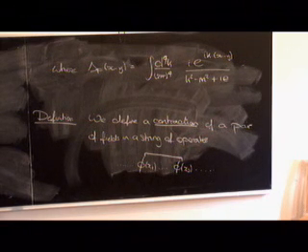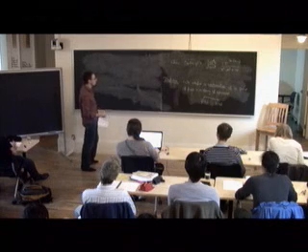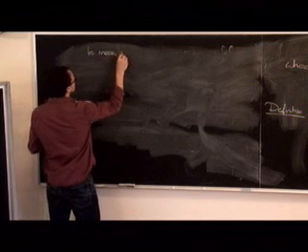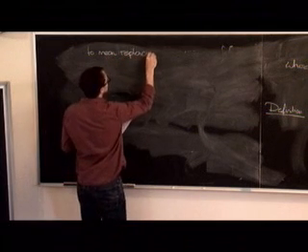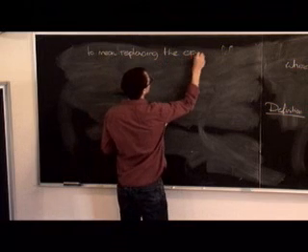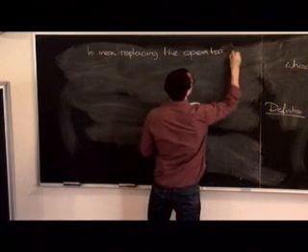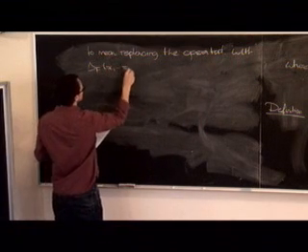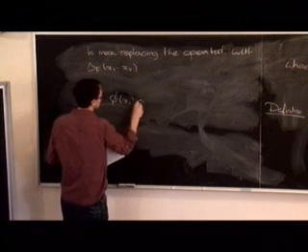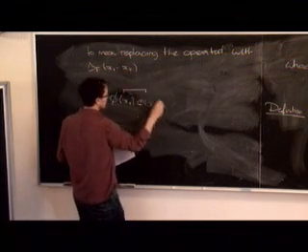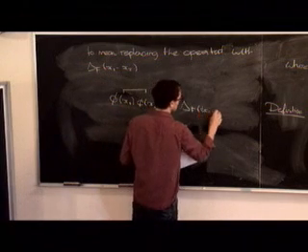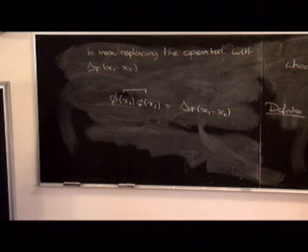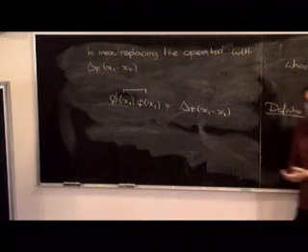So if you ever see this, we define a contraction of a pair of fields in a string of operators to mean replacing the operators with the Feynman propagator, and leaving everything else below, okay?